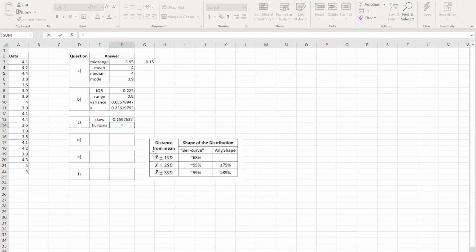For kurtosis, we do KURT and select our data. We get slight positive kurtosis, which means that our data is leptokurtic. So it's a little bit more concentrated around the mean, but not by much. It's a really, really small number.